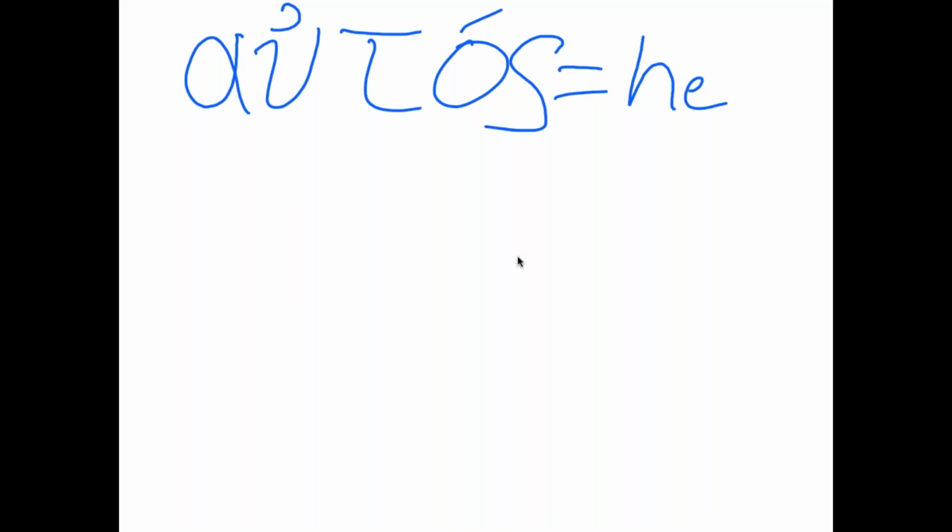That's the easiest way to remember it. Okay? The next word, as I already mentioned, is ou. And ou means not.